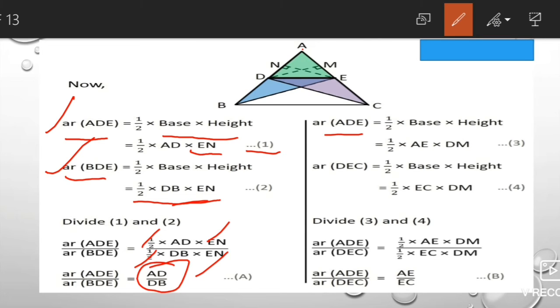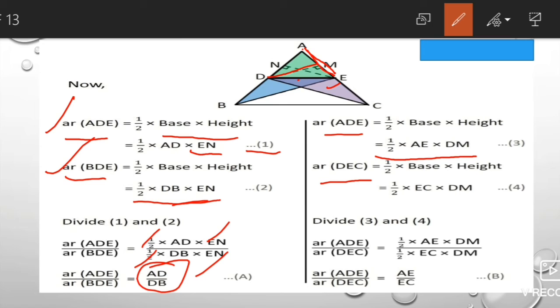Now for ADE, you can consider AE as base. When you are considering AE as base, you can consider DM as perpendicular or height. So I am writing half into AE into DM. Next you will take the triangle DEC, the combination of violet one and blue one.